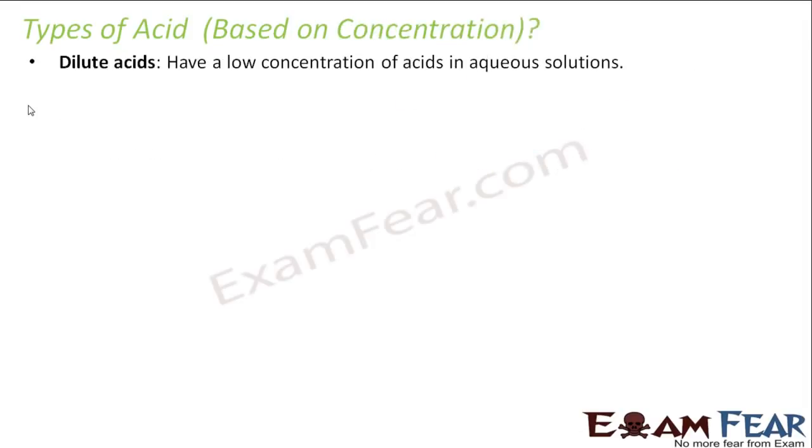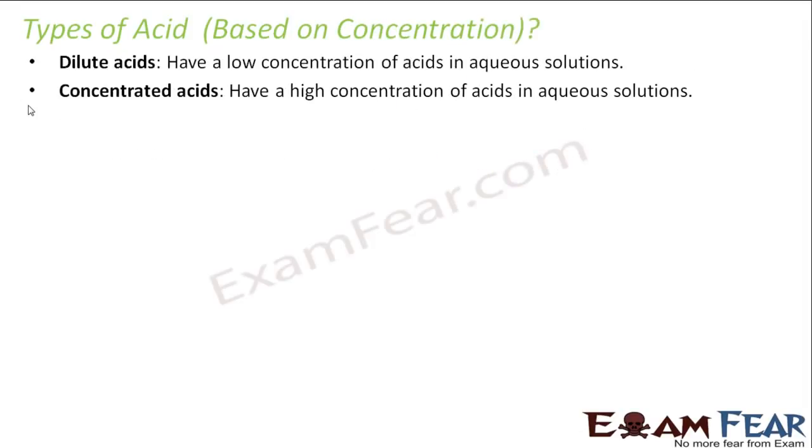Based on the concentration, I have dilute acid and concentrated acid. When I say based on concentration, that means how much is the percentage of acid in the aqueous solution. Dilute has a low concentration of acid in the aqueous solution, and concentrated has a high concentration of acid in the aqueous solution. So please note, if it is concentrated, it will react more.